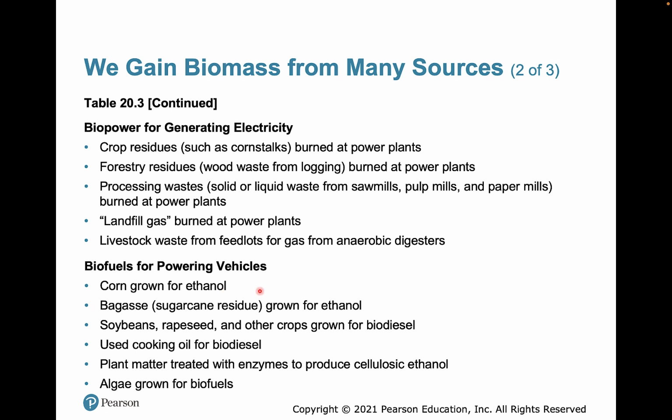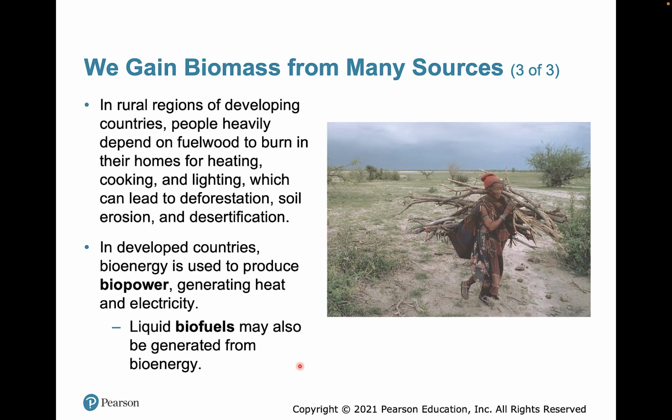You can use corn and sugarcane residue for making ethanol. You can grow crops for biodiesel. You can use cooking fuel for biodiesel. They're also looking at growing algae for biofuels. So there's a lot of ways that we can use biomass.